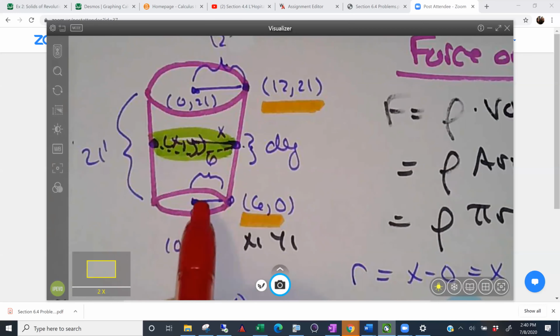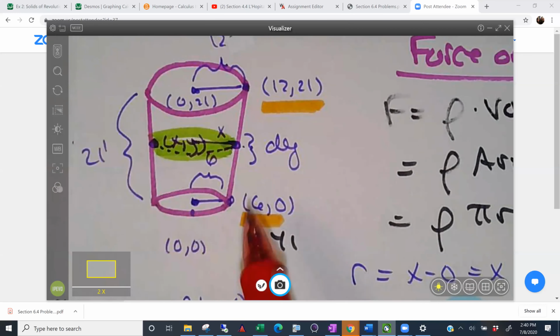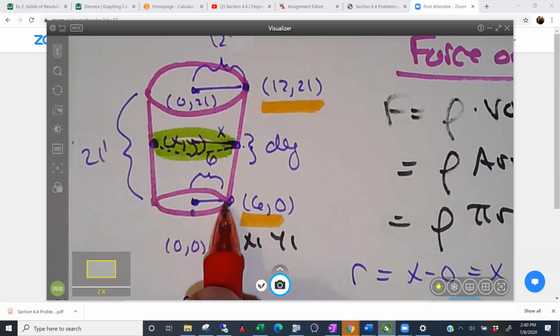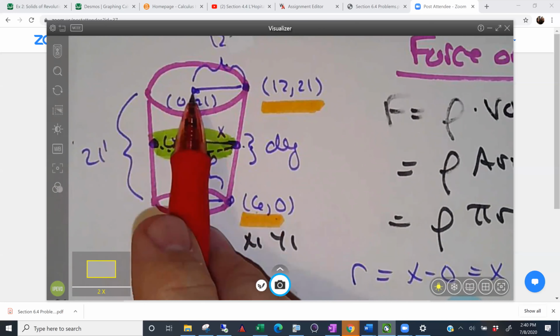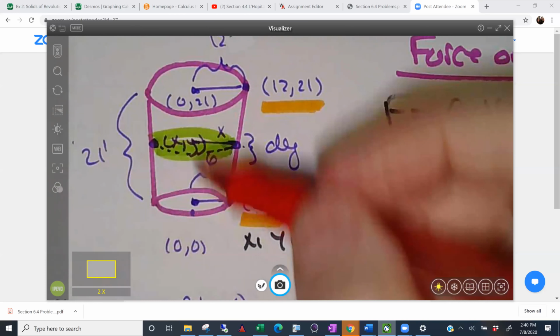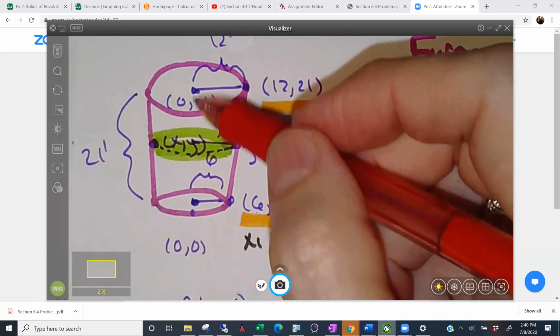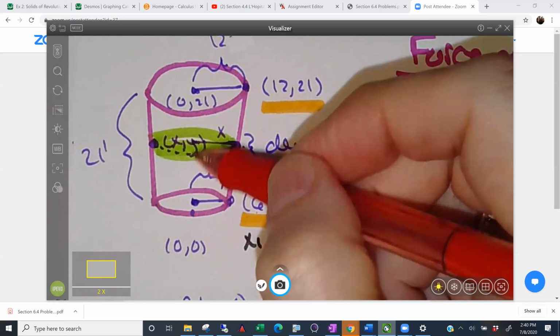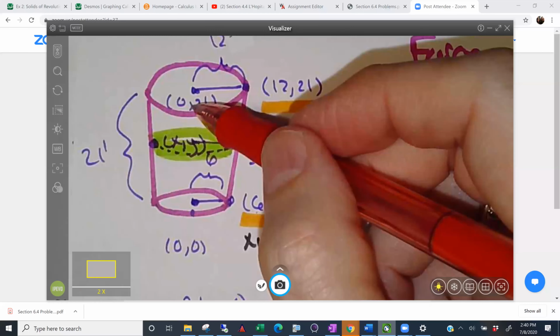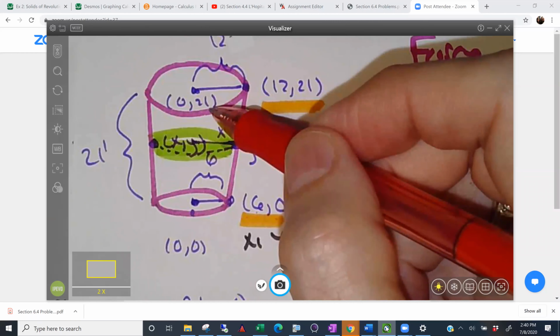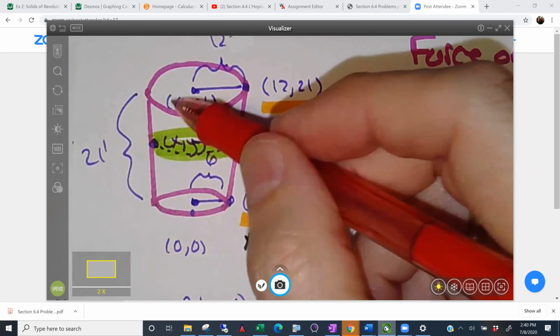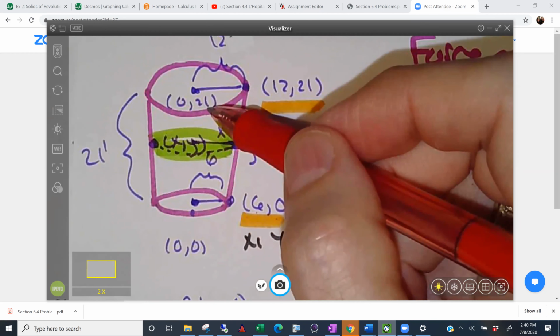If the bottom has a radius of 6, then moving straight to the right from the bottom, I've moved a distance of 6. So that gives me coordinates of 6 and 0. The top had a radius of 12. Since the top was 21 feet above the bottom, if I move 21 feet straight north, I'm changing the y coordinate. So that made that 0 and 21. Do you agree with that?